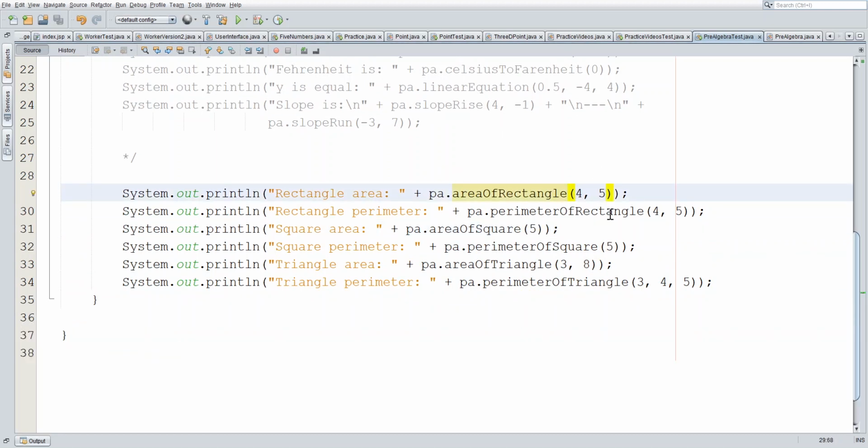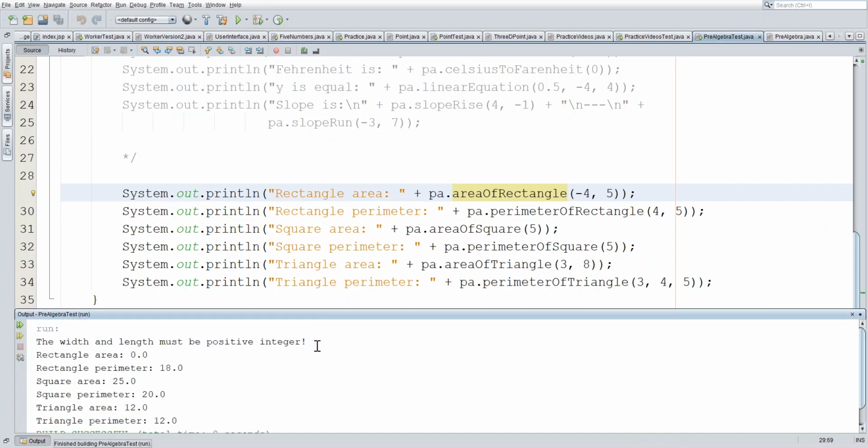Now if we put any negative values in here, in any of the methods, it shouldn't allow us. It's going to return an area of 0. So the width and length must be positive integers. So we could probably put inside of the print statement the width and length of a rectangle, right? To be a little more specific, but hopefully you're getting the idea, right?